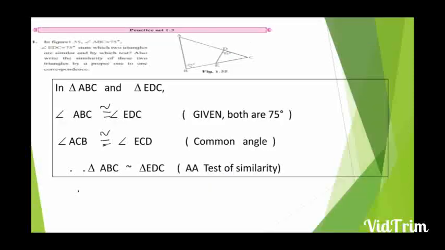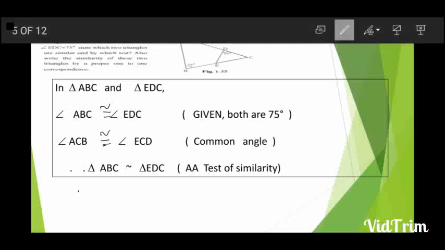See, this is practice set 1.3, first question. Here they have given that angle ABC is equal to 75 degrees and angle EDC is equal to 75 degrees, and they have asked us to find whether any two triangles are similar.